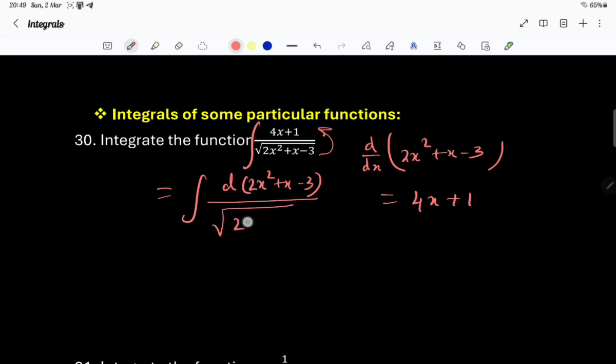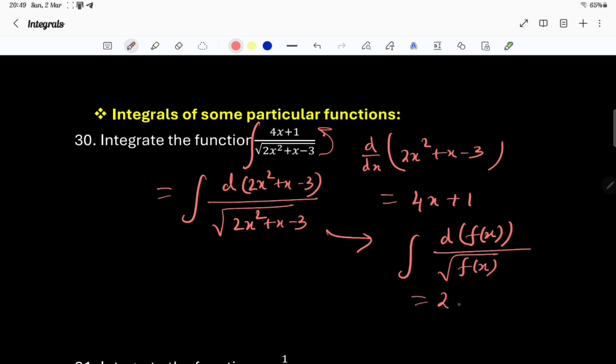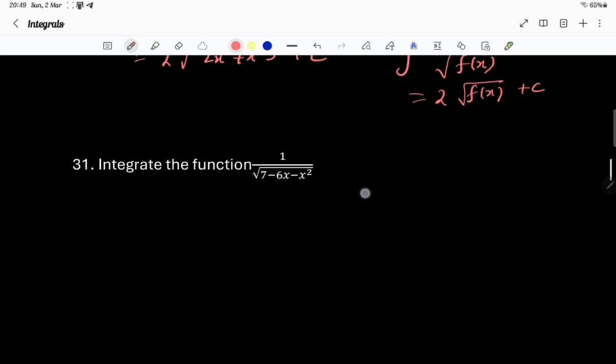What will we write? Integration of d(2x² + x − 3) divided by root over 2x² + x − 3. If it is d(fx) by root over fx, we directly write 2 root over fx + c. So the answer is 2 root over (2x² + x − 3) + c. This is your answer, okay.